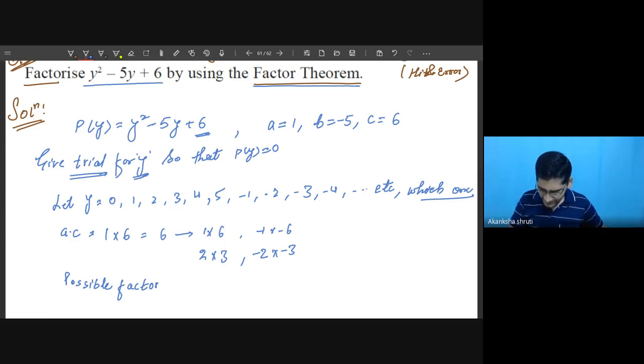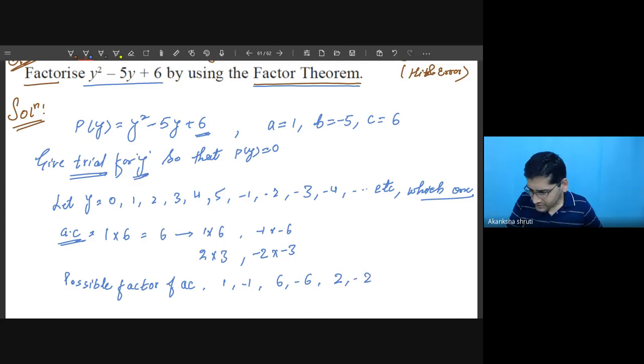But here we are just writing the possible factors of AC, whatever this AC we have taken. It could be 1, -1, 6, -6, 2, -2, 3, -3.